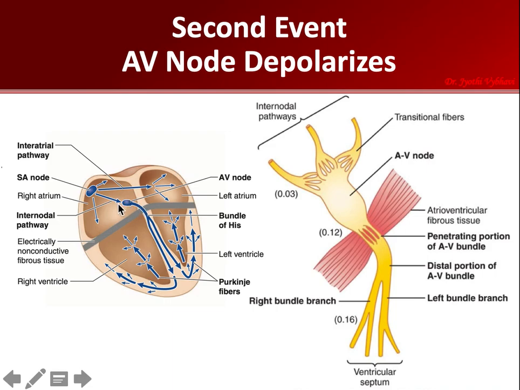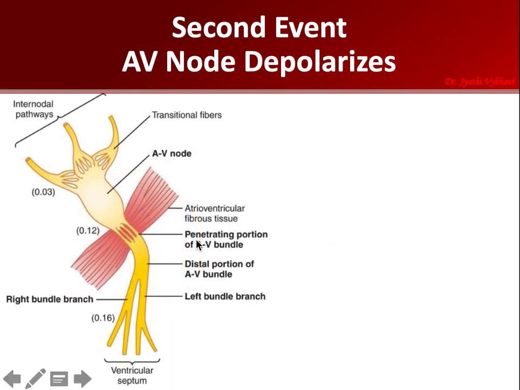It slows down the wave like anything. It holds the depolarization current for almost 0.1 second. Imagine it holding all the depolarization current for 0.1 second. It is a very slow conducting tissue. Now the question is, why is the AV node slow conducting?